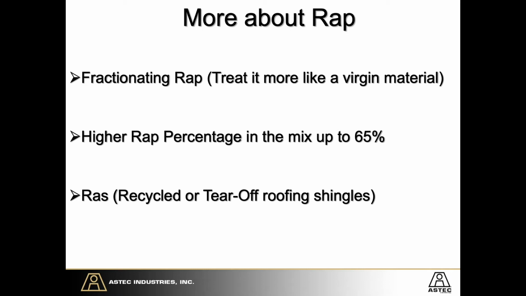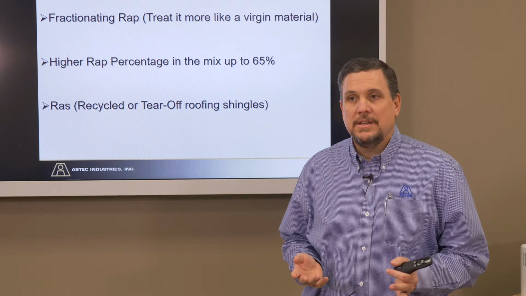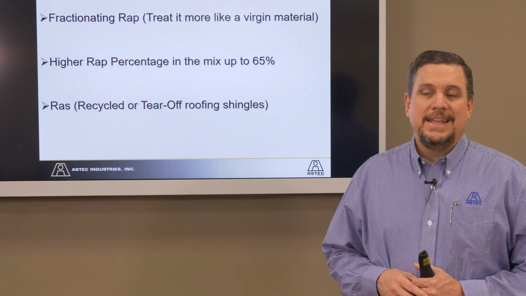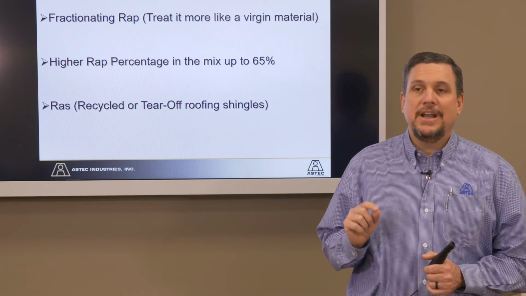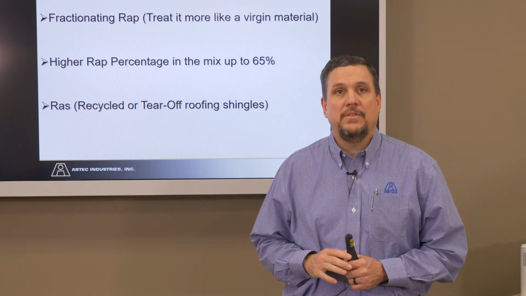RAS is another item that some people talk a lot about. It's recycled shingles, or tear-off shingles, like coming from a manufacturing facility. There's several different ways to do that. You can use a conventional recycle bin for that. It makes it a little bit more difficult because usually you're putting in a very small percentage, less than 5% of the total mix of the plant.